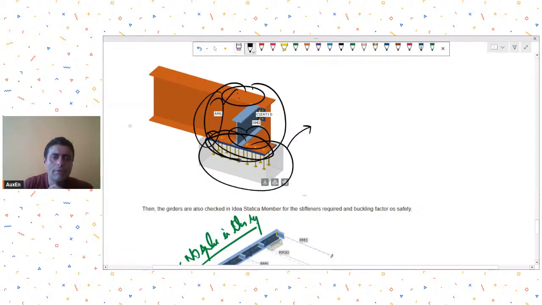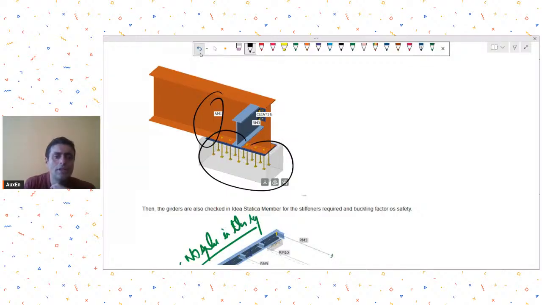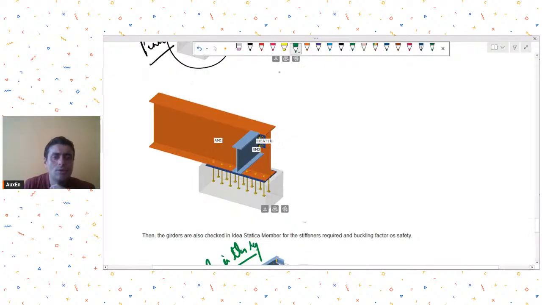So if you want to have rigidity, I don't think that providing a system like this will be helpful for you. You must have some additional arrangements whereby you can hold the top flange with the bottom flange. So maybe you can add stiffeners.